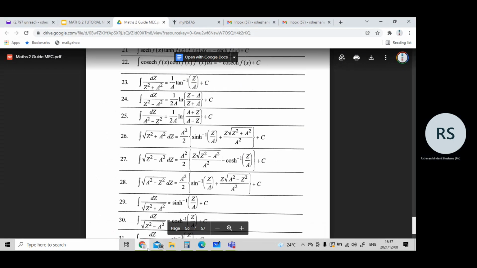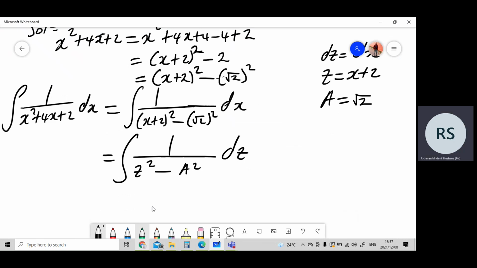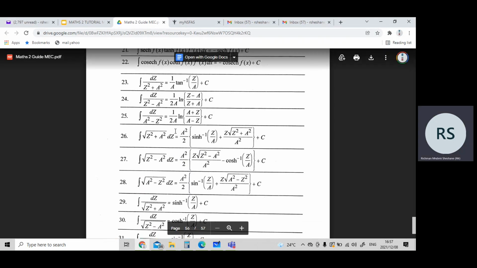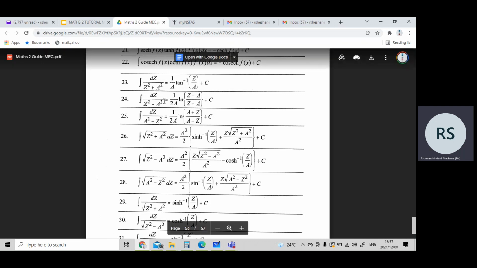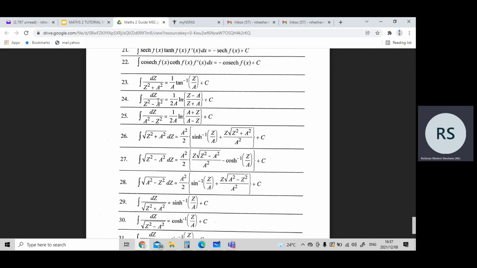Integral of 1 over z squared minus a squared dz. They're supposed to put dz, and then we see 1 over, okay.